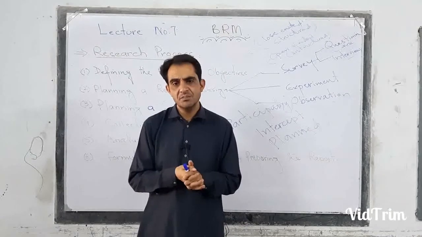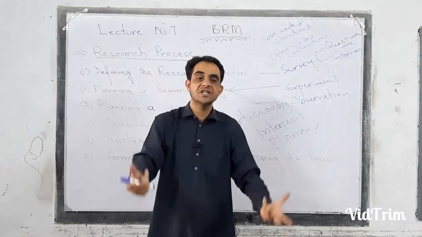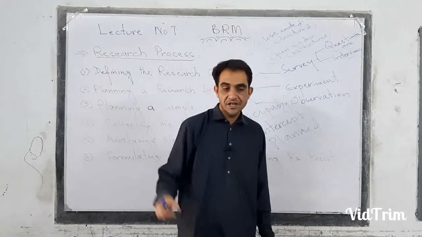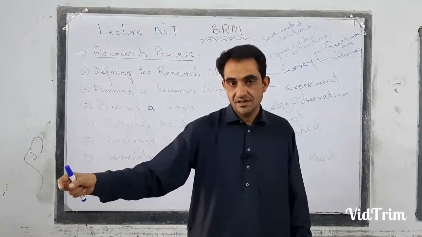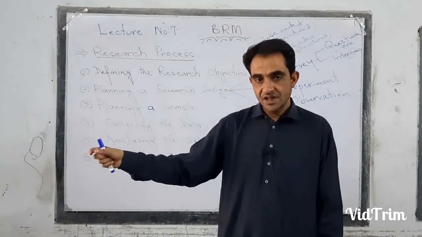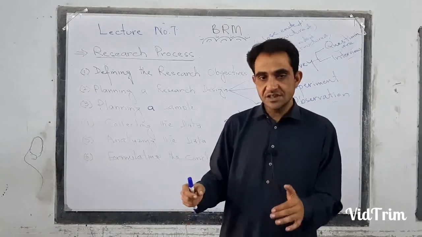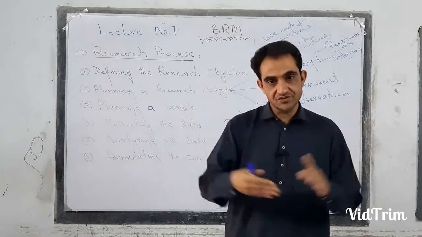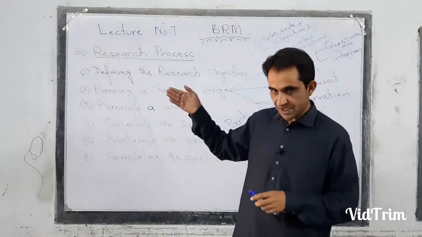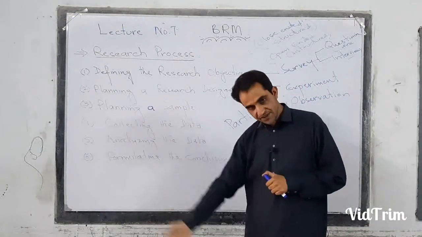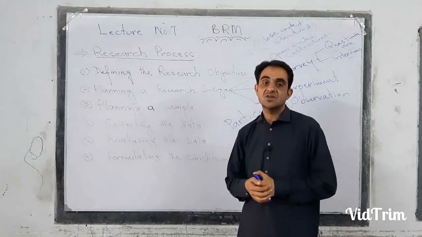In probability sampling, you are giving equal chance to each and every respondent. Like you are standing at the gate of the university, and let's suppose you have got 2000 BBA students. The 500 BBA students who are coming first, you are selecting them. It is called probability sampling.